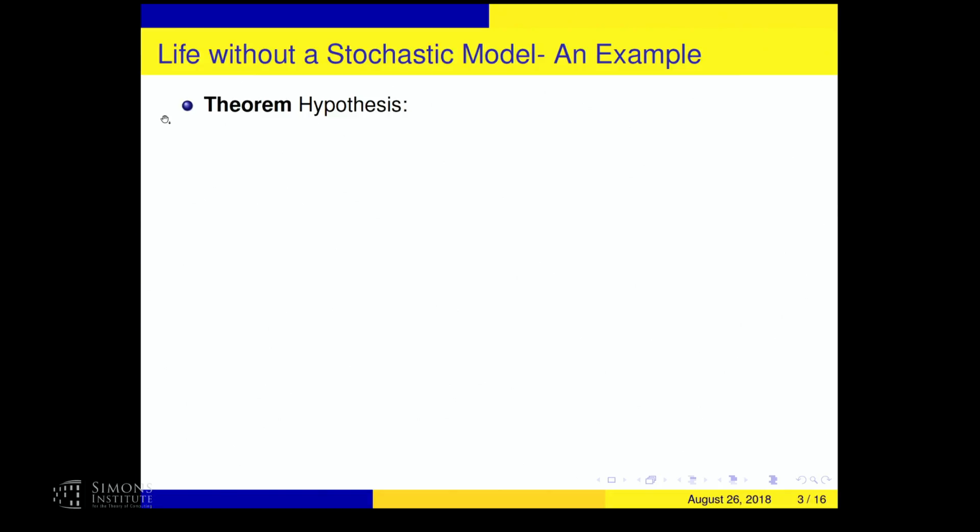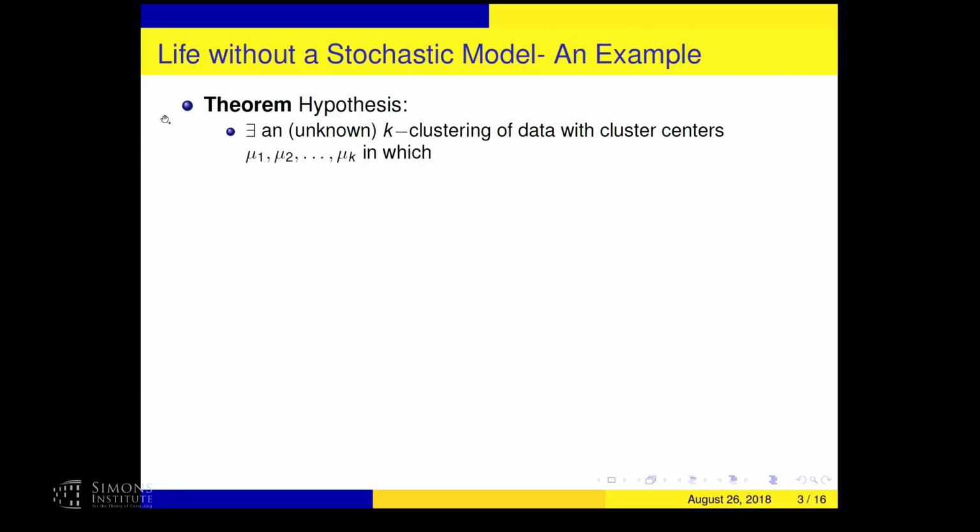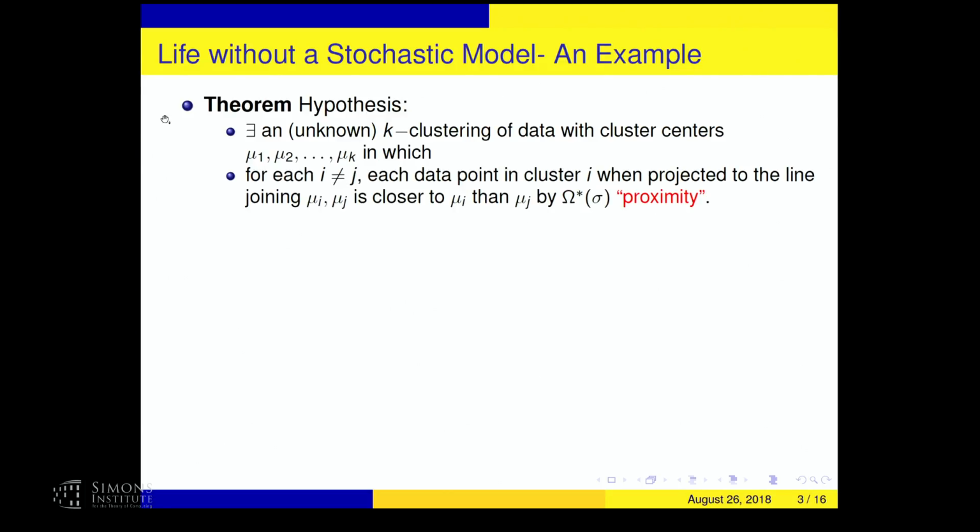So here, the hypothesis of the theorem is there's an unknown k clustering of data. It's not k Gaussians anymore, it's a k clustering of data with cluster centers so-and-so, so that the following is true, and I'll explain that with a picture in a minute. For each i and j, 2 clusters, a data point in cluster i is closer to its own center than cluster j's center.